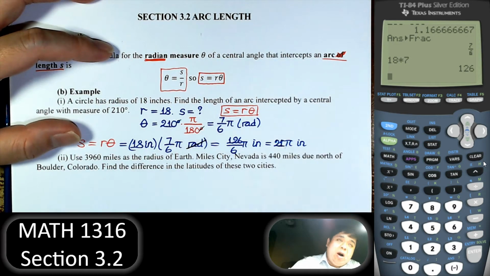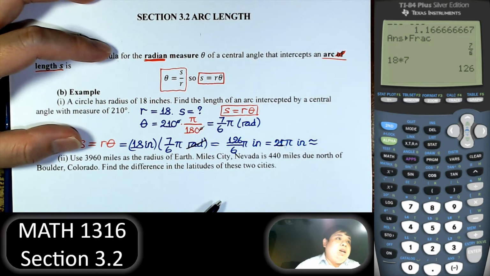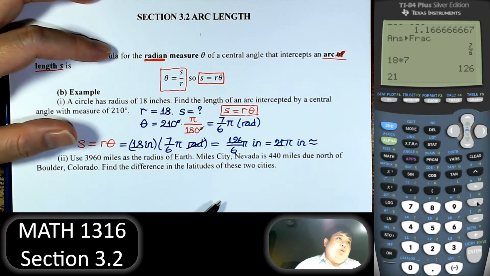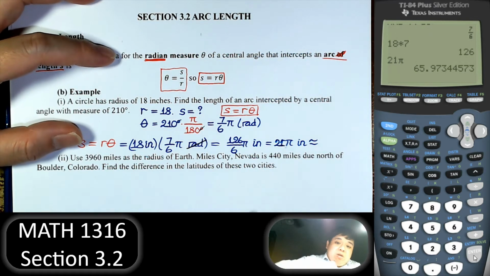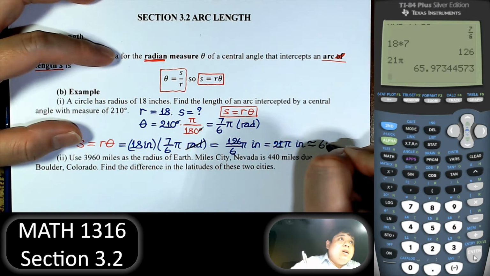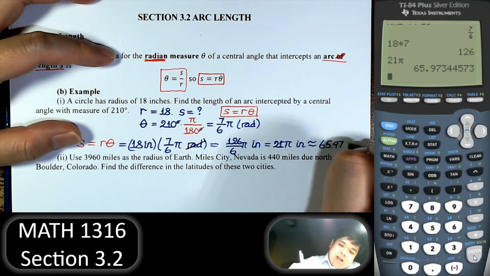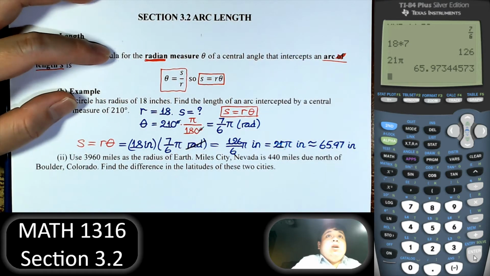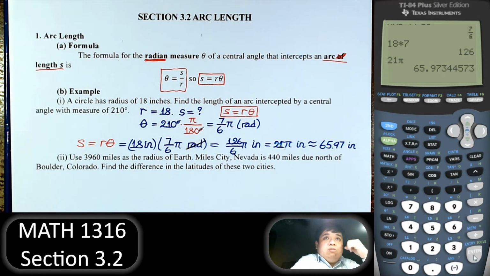So 21 pi inches. If we want an approximation, 21 times 3.14 or so, or just 21 times the pi button. So about 65.97 inches. Straightforward, right? Make sure that the angle is in radian, and that's all we need.